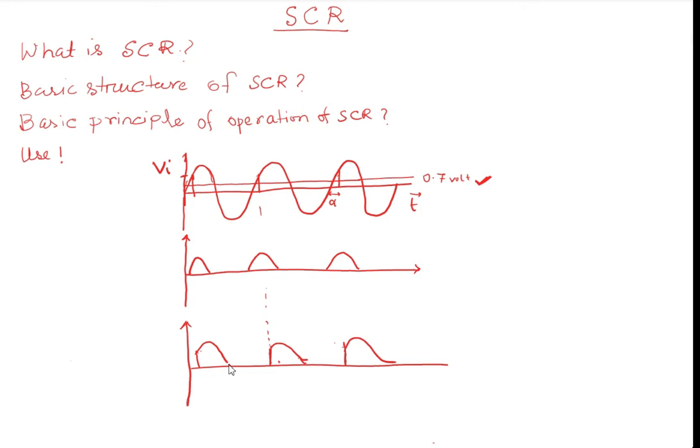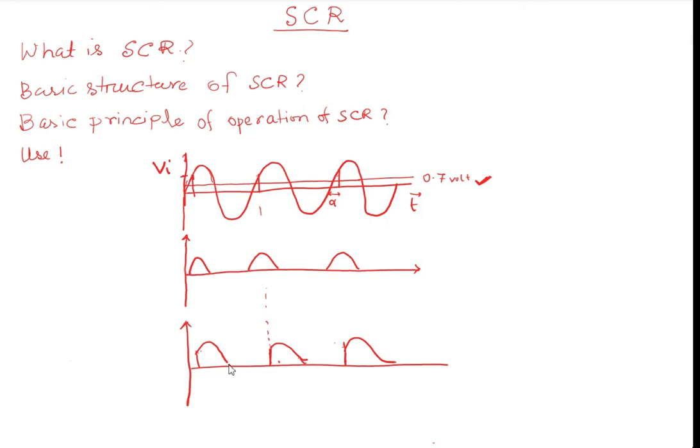This alpha is called the firing angle or delay angle, which is the instant the gate current pulse is applied at the gate terminal.